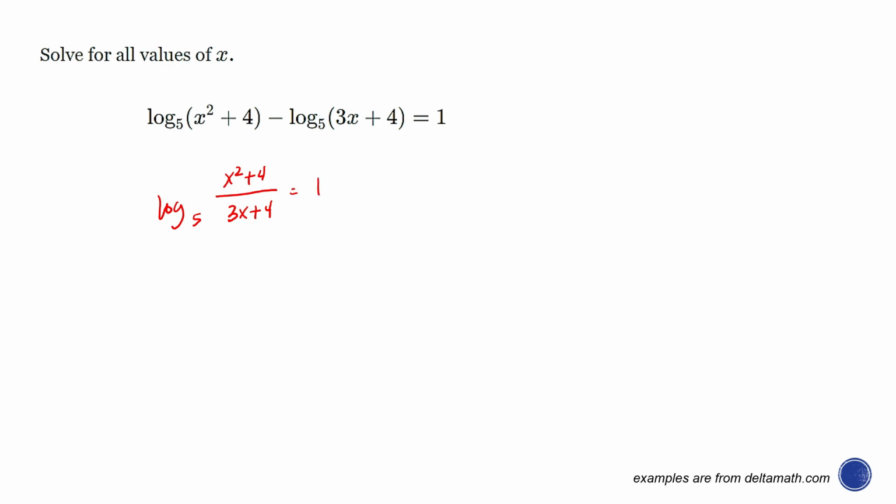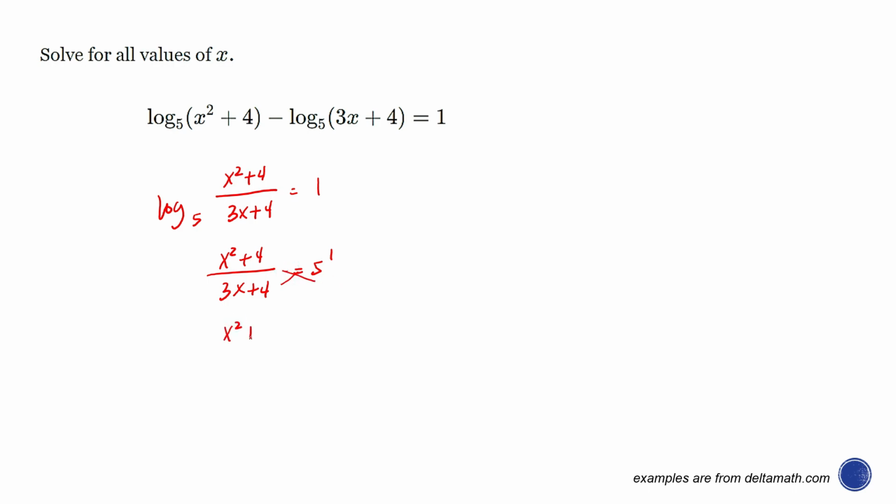Then I will express this in exponential form. That is (x squared plus 4) over (3x plus 4) equals 5 raised to 1. And then cross multiply this.